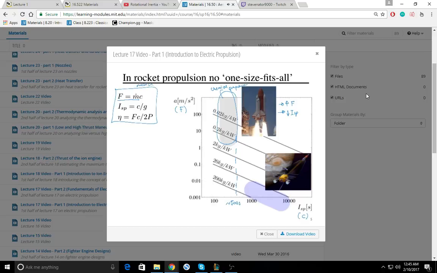If we want to overcome that limitation, we need an external power source that allows us to accelerate the propellant to higher velocities, and that's where electric propulsion systems come into play. Electric propulsion can achieve much higher exhaust speeds, so much higher specific impulse.